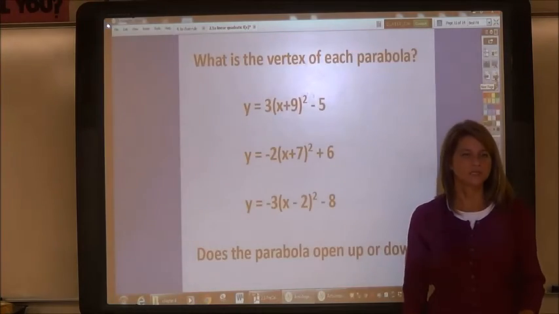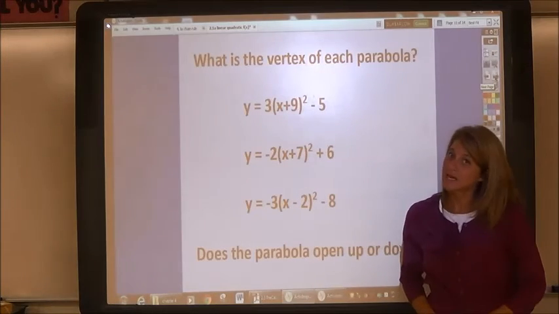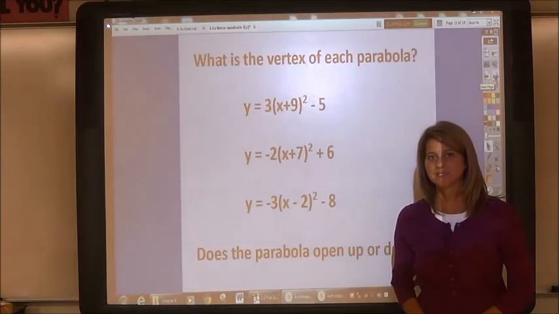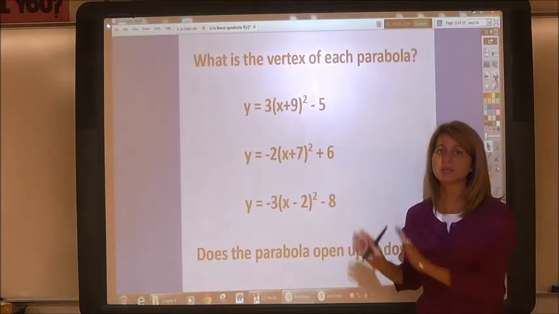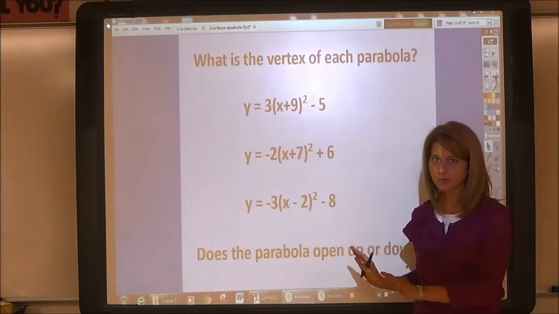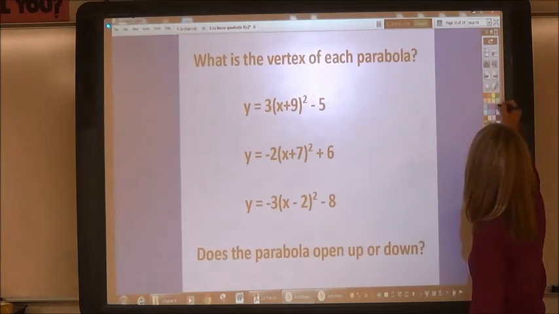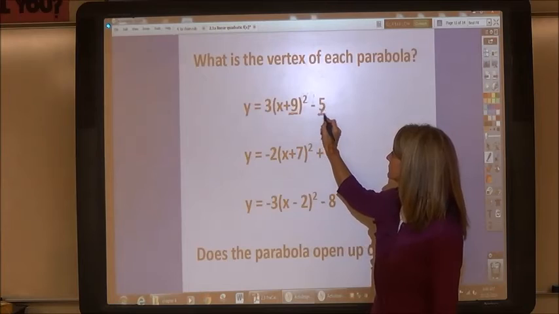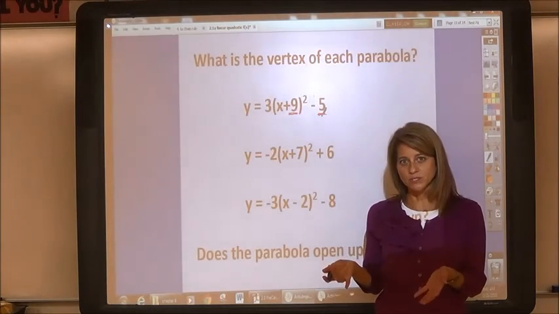Okay, so write this first one down, please. You have 3 times (x plus 9) quantity squared plus 5. This is written in what we call vertex form because you can tell the vertex just by looking at the equation. Your vertex is right here. Remember how things inside the parentheses go opposite of what you think?